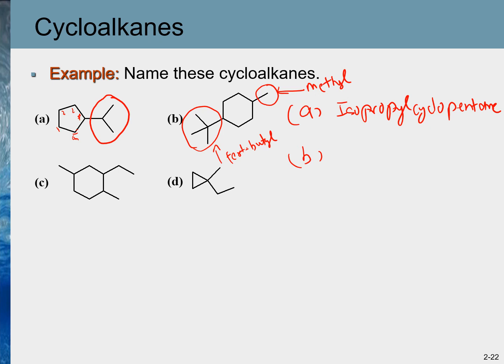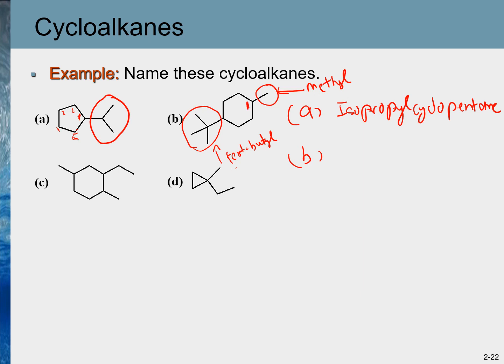Although di, tri, tetra are not considered in alphabetical order, tertiary, the T, is considered. Tertiary is part of the name of this substituent. So methyl is alphabetically ahead of tertiary butyl. Therefore, we will start the numbering from the methyl part.